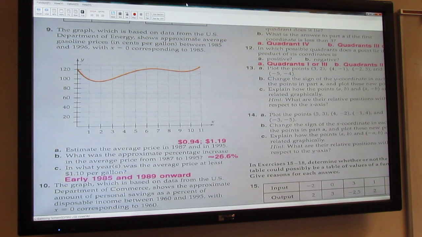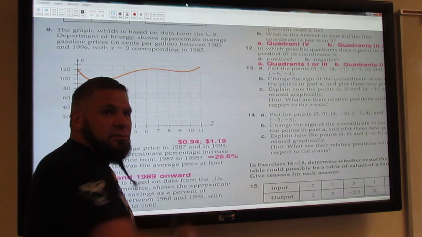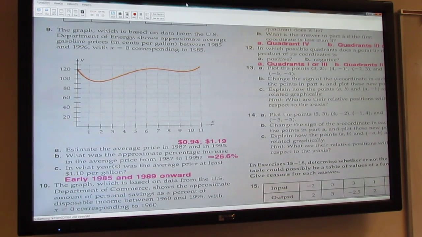B. What was the approximate percent of increase in the average price? Percent of increase. So how much did this increase? By what percent? Right? So how would we do percent of increase? Remember?